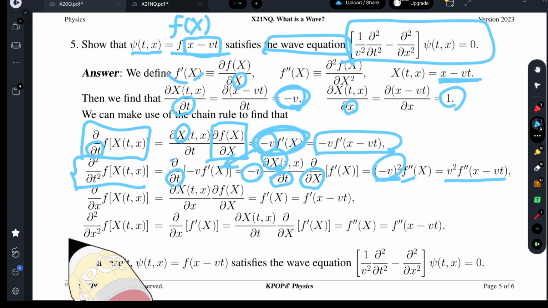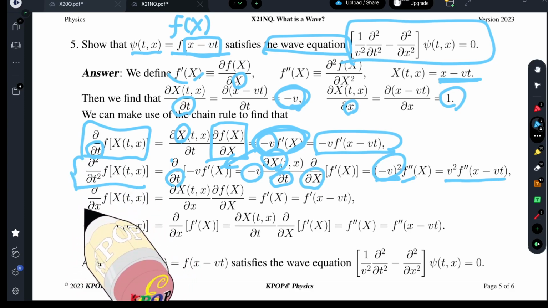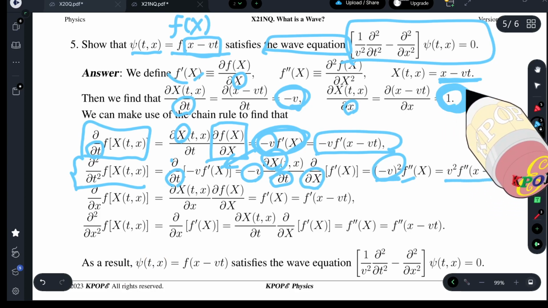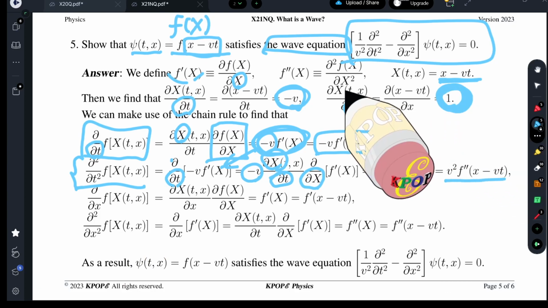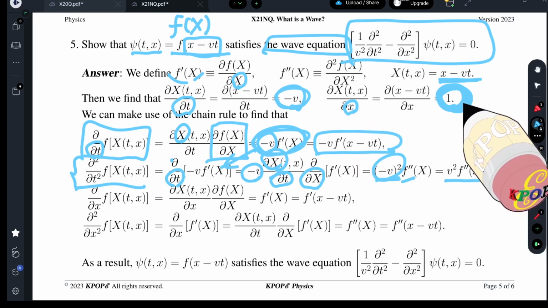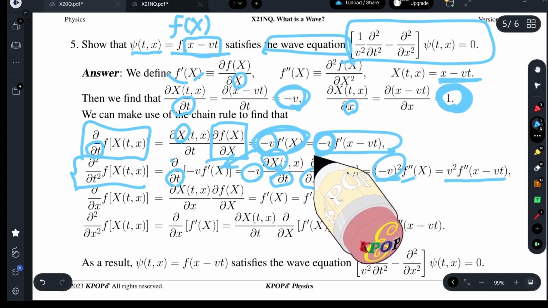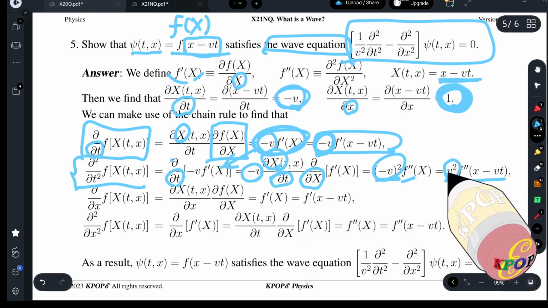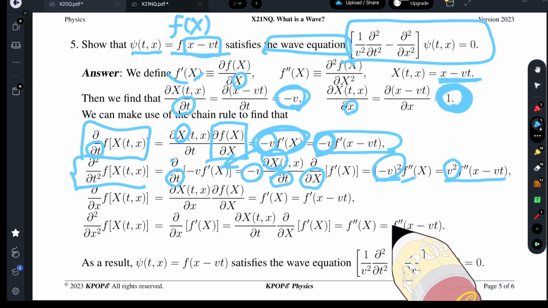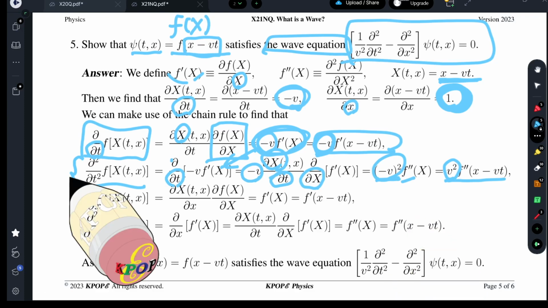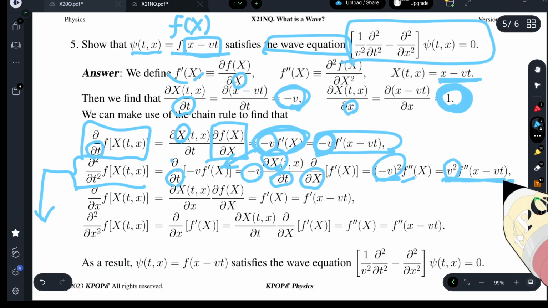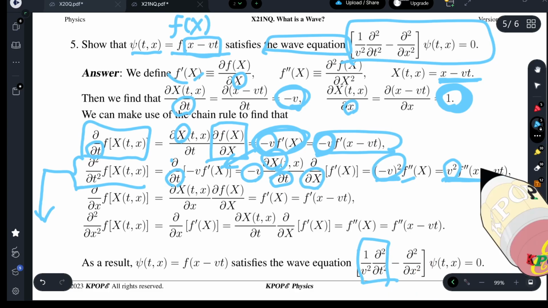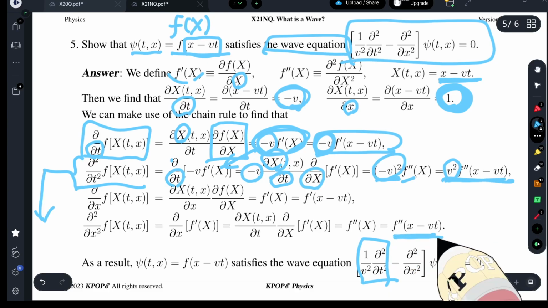In a similar manner, for the x derivative we use the simple relation that the capital X derivative is 1. So in here, minus v should be replaced with just a simple 1, and v squared is to be replaced with 1. Therefore, if I divide this 1 by v squared, that is identical to this.